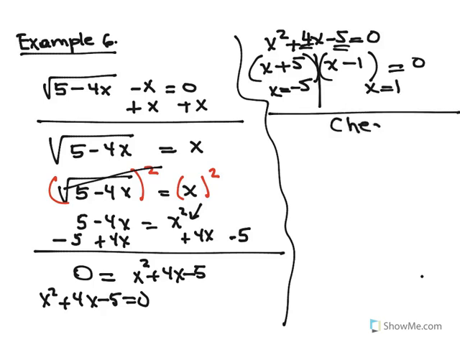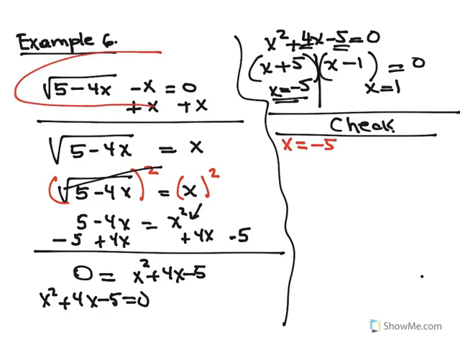Okay, now I'm going to check. I'm going to check the first answer, which is x equals -5. Remember, you have to check it in this equation right here. So I'm going to write my equation: the square root of 5 minus 4x, minus x, has to be equal to 0. So I'm going to substitute x equals -5 everywhere, and I'm hoping that I get a 0 here.